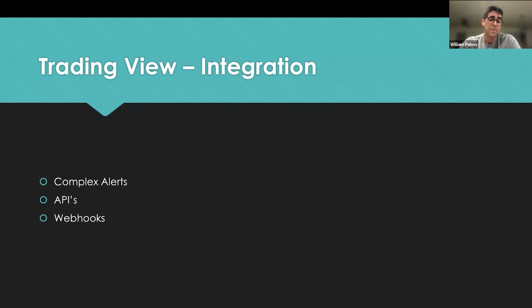And webhooks, no easy definition for that. This is where you hook the TradingView platform to a website, and then that website hooks you to MT5 or MT4. We'll talk about that at another time.